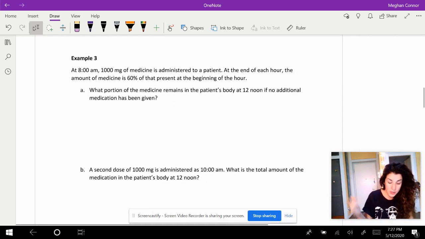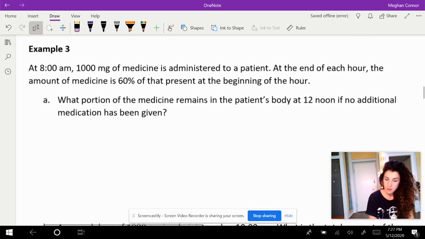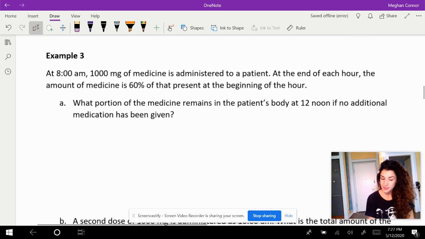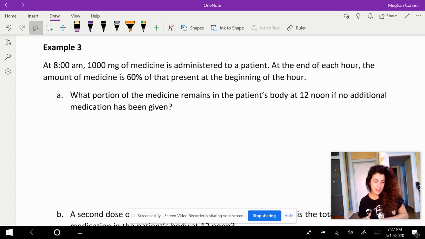Okay, so here is a common application of your geometric sequences. At 8 a.m., 1,000 milligrams of medicine is administered to a patient. At the end of each hour, the amount of medicine is 60% of that present at the beginning of the hour.